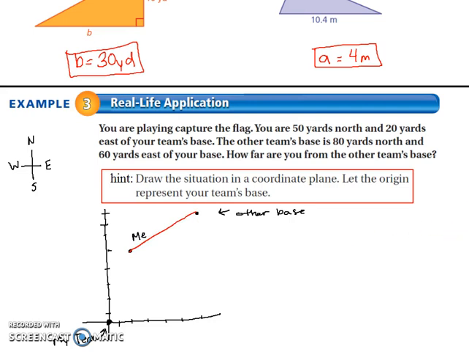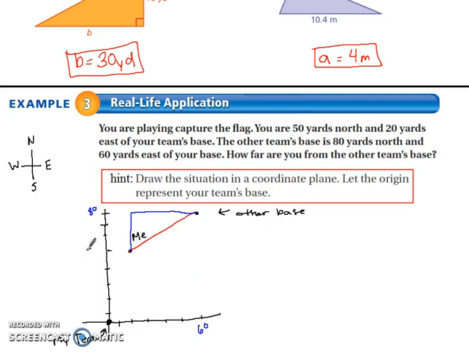Well, we can make that look a lot like the hypotenuse of a right triangle. So what I'm going to do is draw the two legs that will form this right triangle. I'm going to go vertically up to 80 on the y-axis, and then I'm going to go horizontally over those yards to get to 60 on the x-axis.